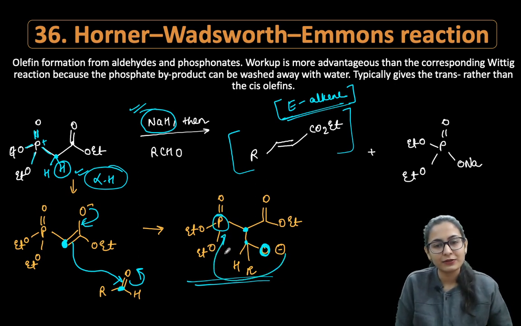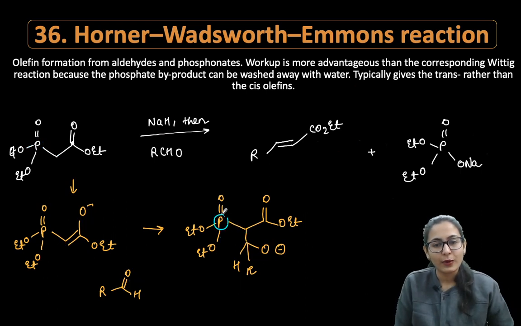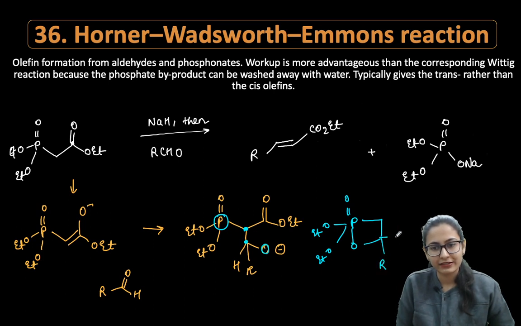When it attacks over the phosphorus, it is going to form a 4-membered intermediate. See, 1, 2, 3 and 4. So it can also form the 4-membered intermediate that we have always been doing in the Wittig reaction, like this, guys. So it is still our Wittig reaction only.